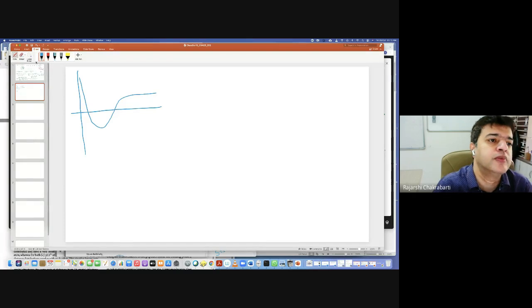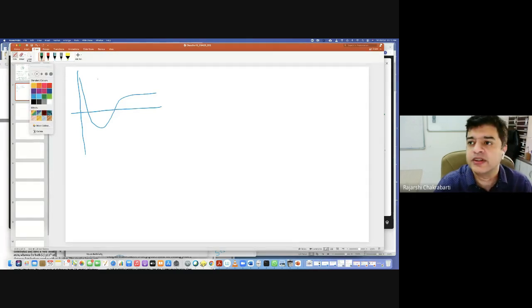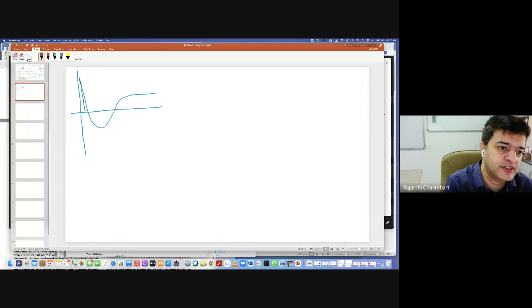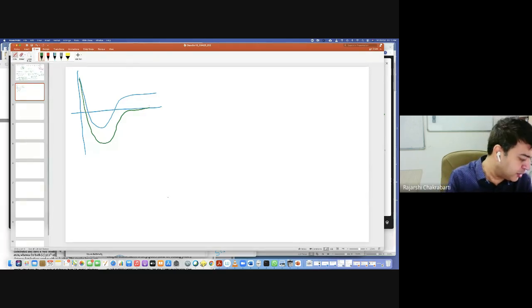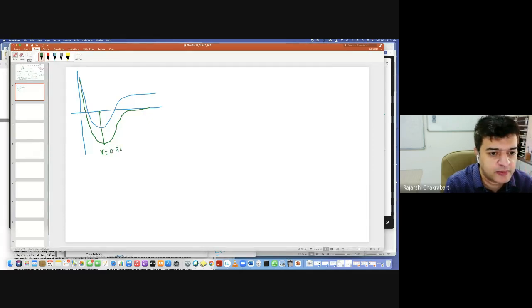And if you ask an experimentalist, they have also generated this potential energy surface from experiment, and they have got it like this. This is hand drawn. So this R is 0.74 angstrom, capital R E. This is experiment.